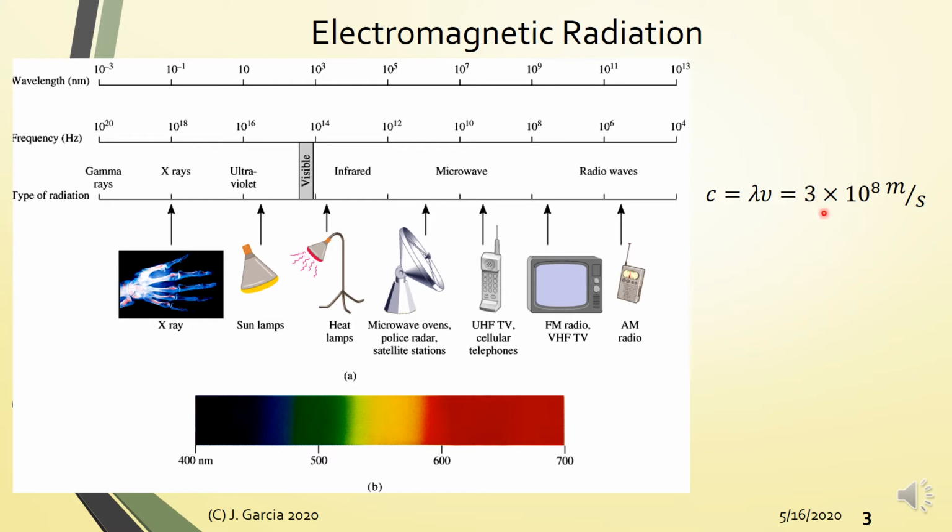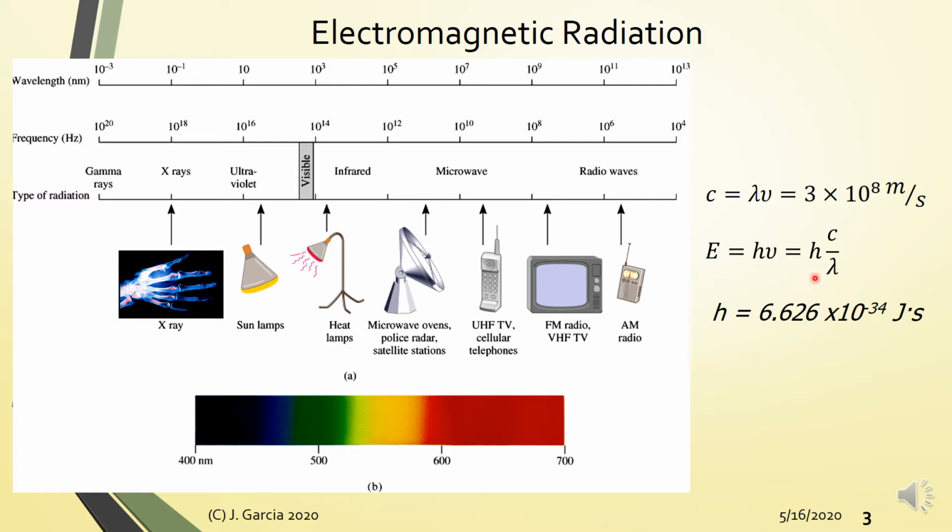Alright, so another equation used is how to compute for the energy of a particular frequency or wavelength of electromagnetic radiation. So we have this equation where h is your Planck's constant. You have to memorize this value. If you're using this equation, nu should be in hertz or per second, and lambda should be in meters.